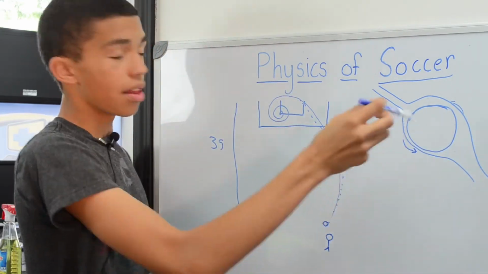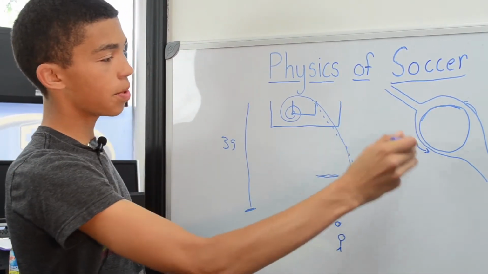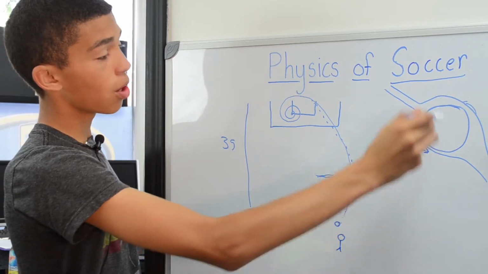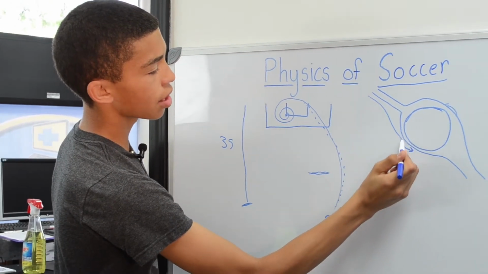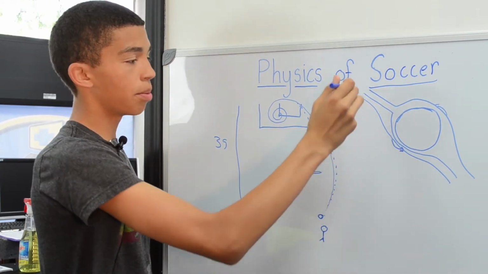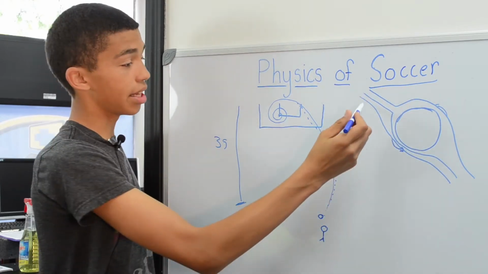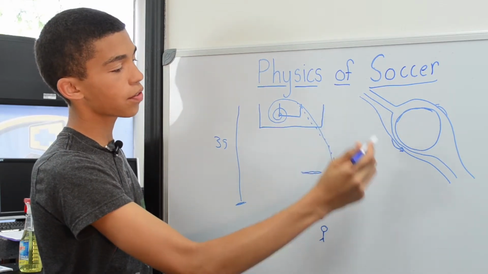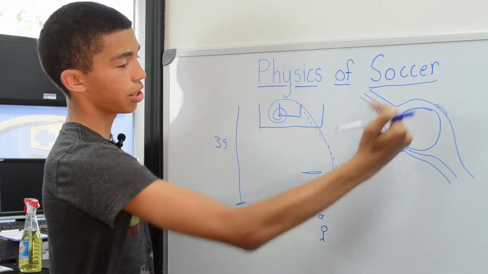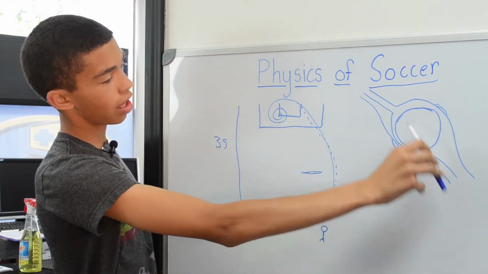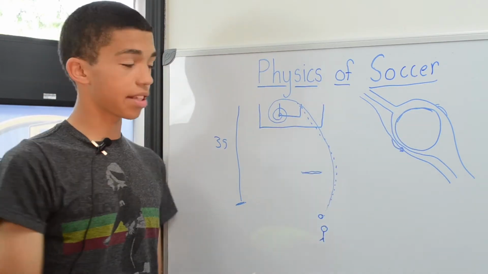As it's going, the air wants to follow the path of least resistance. As the ball is spinning this way, the air wants to flow in the direction that it's spinning. So the air over here on the left side of the ball would be moving much faster than the air moving on this side of the ball, and faster moving air is less dense. So as air is flowing, the air is less dense, causing a lot greater force pushing this way, causing the ball to change its flight pattern and curve. So this is known as the Magnus effect.